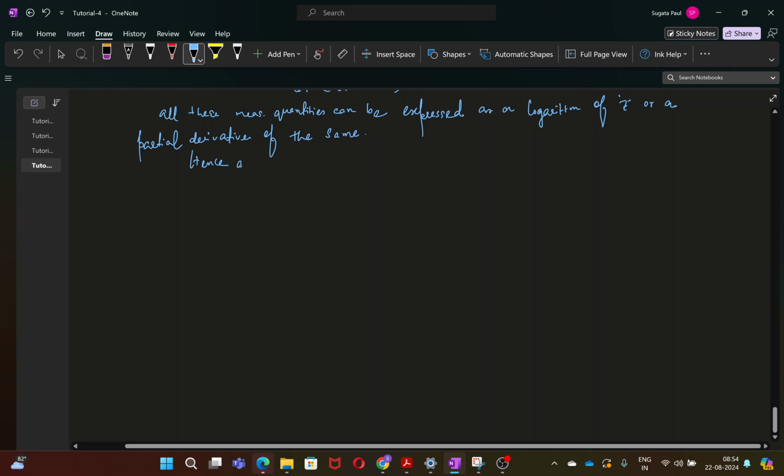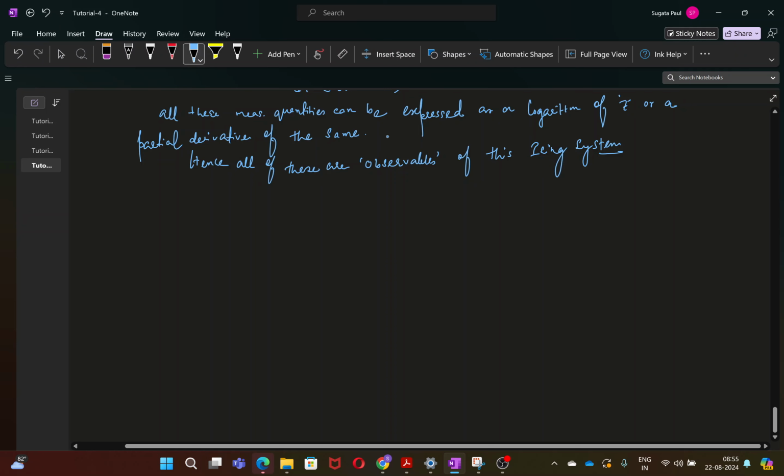Hence, all of these are observables of this Ising system.